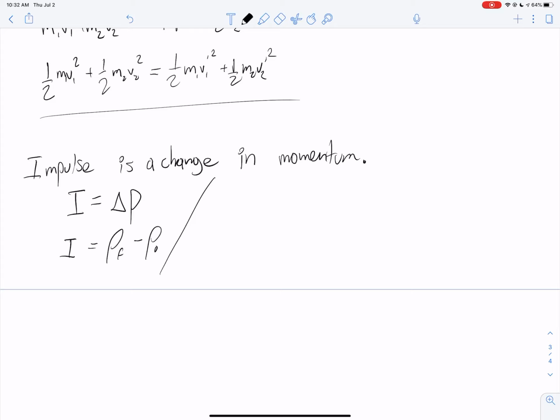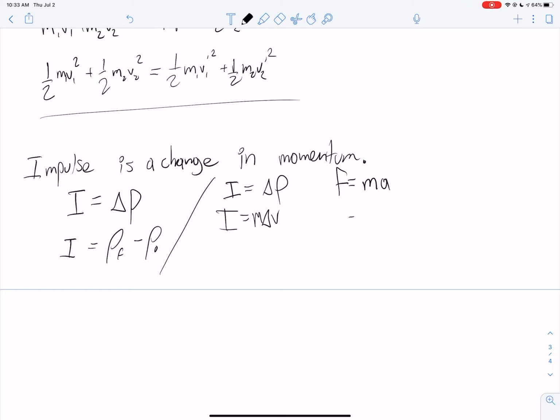So if we remember, going from the first equation that I wrote down, I is equal to change in P, right? We know that P is equal to M times V, so change in P is M change in V. And we had said before that F is equal to MA, right?